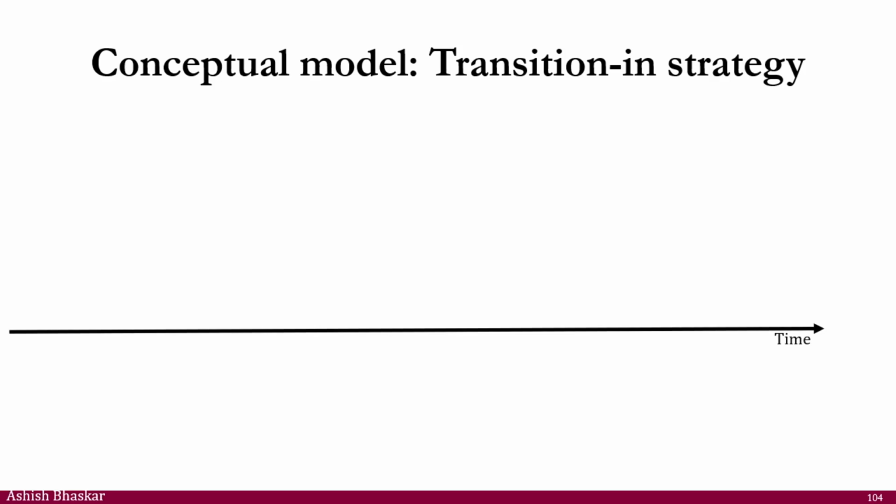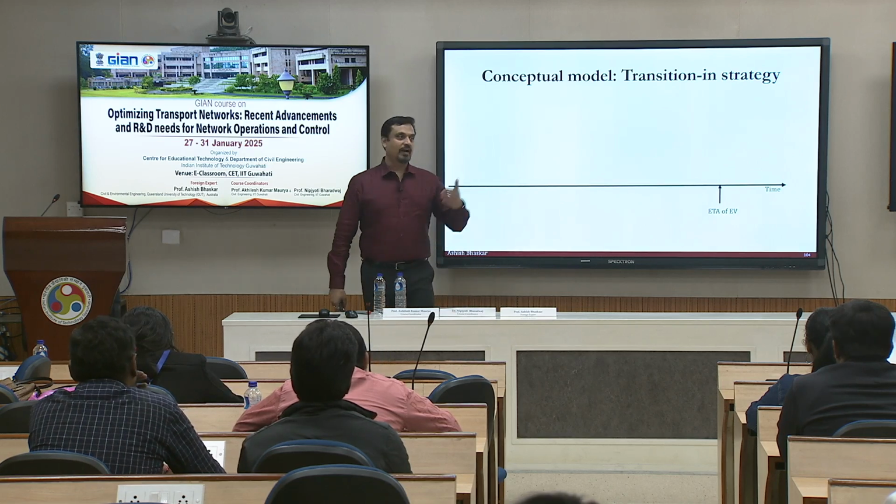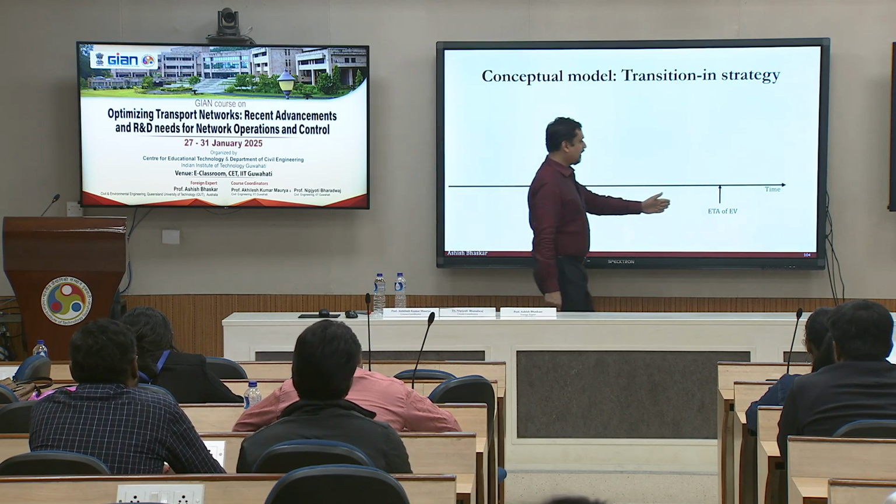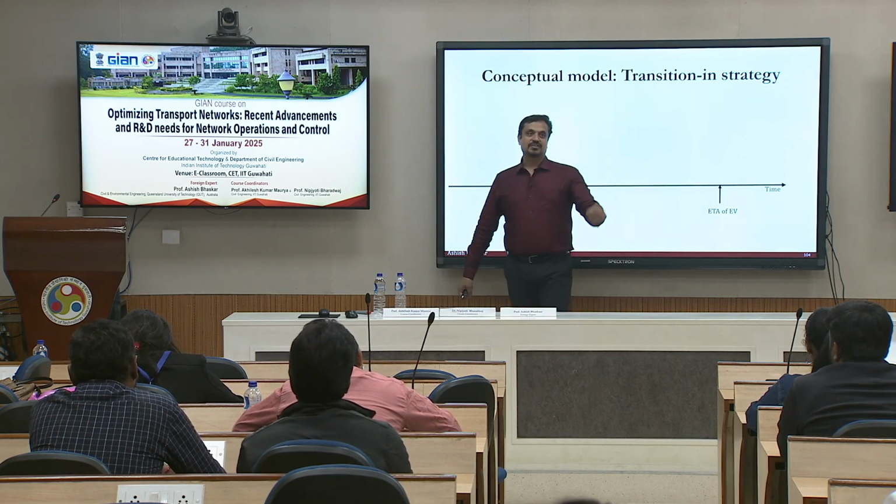Now, I am just giving a conceptual way of how it works. Whenever there is an emergency call, the emergency vehicle is about to leave, it sends the information that I have to leave now, the routes have been specified, this is the route I might be following. There is an algorithm that defines the expected time of arrival of that emergency vehicle at a specific intersection.